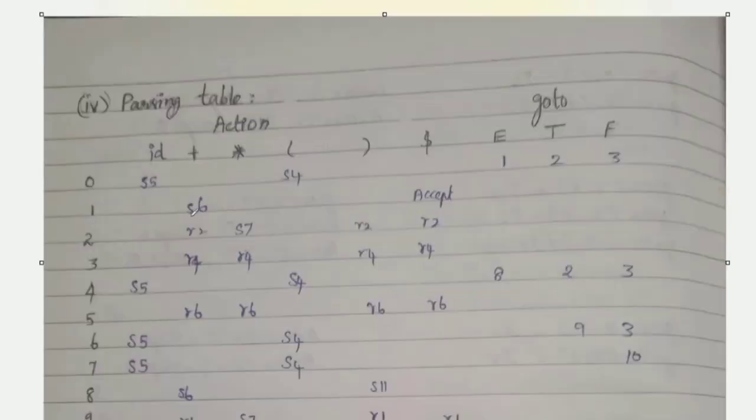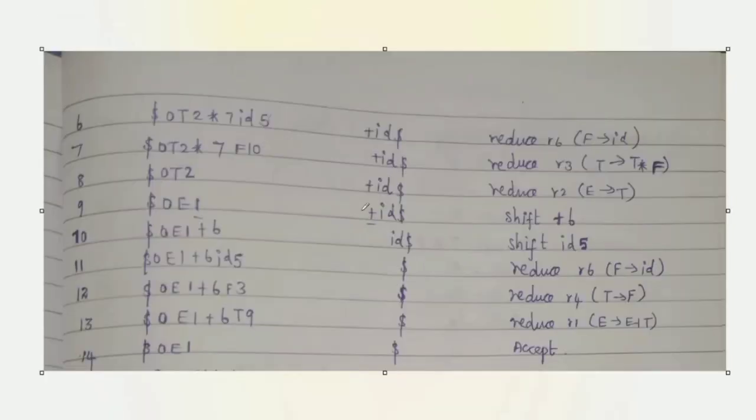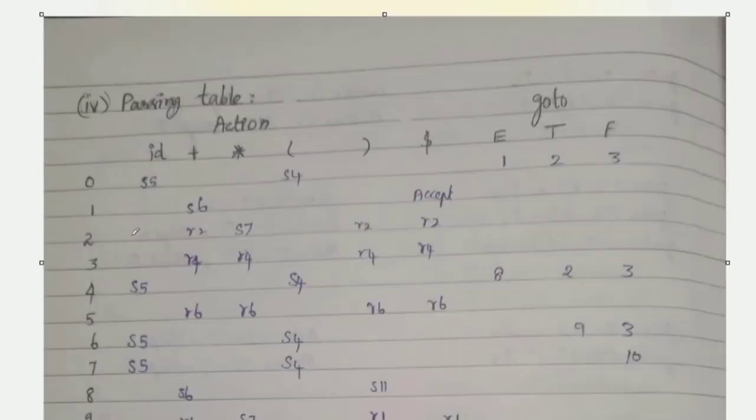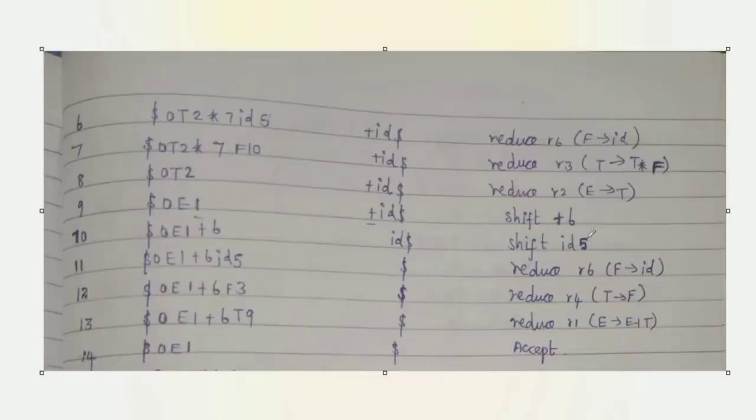1 plus is shift 6. Here you write shift plus followed by number 6. Then the stack becomes $0E1 plus 6, and the input symbol is ID $. Compare 6 ID. 6 ID is shift 5. Write shift ID followed by 5. Then the stack becomes $0E1 plus 6 ID 5.